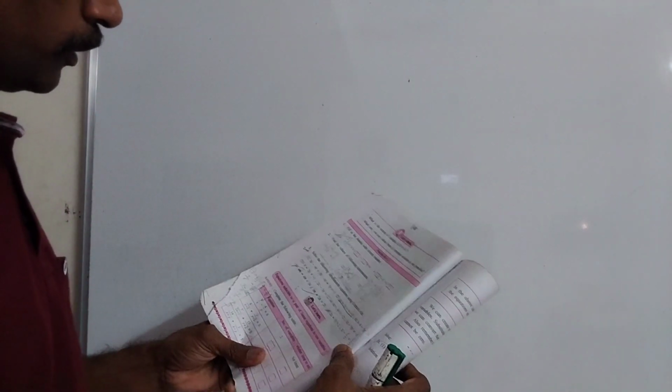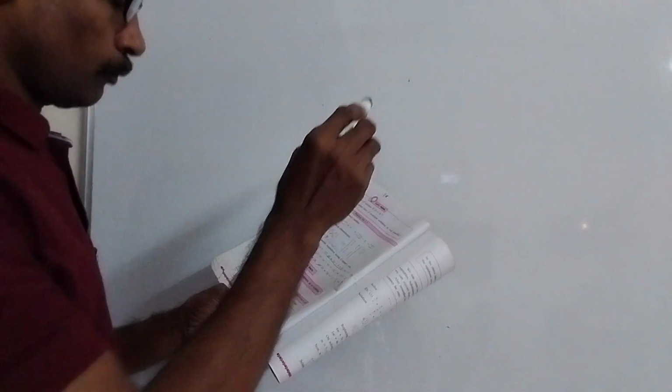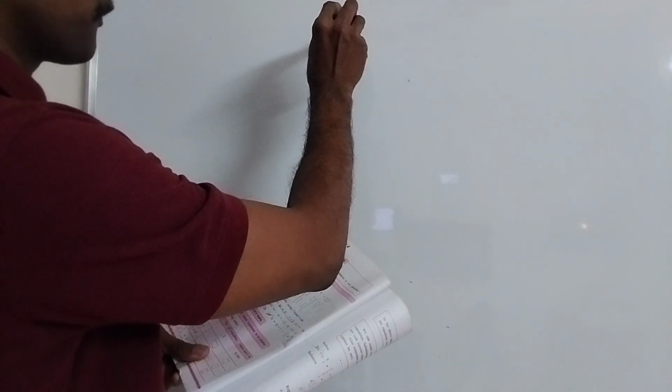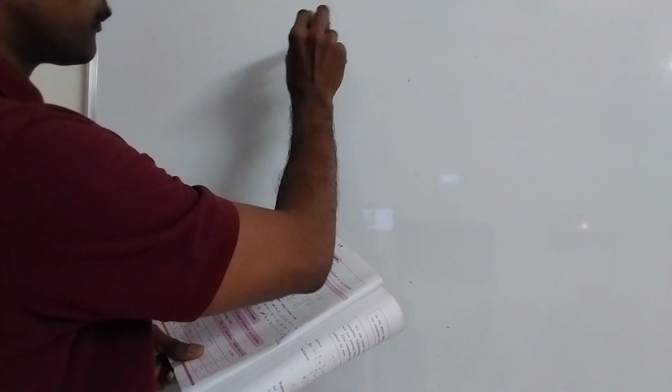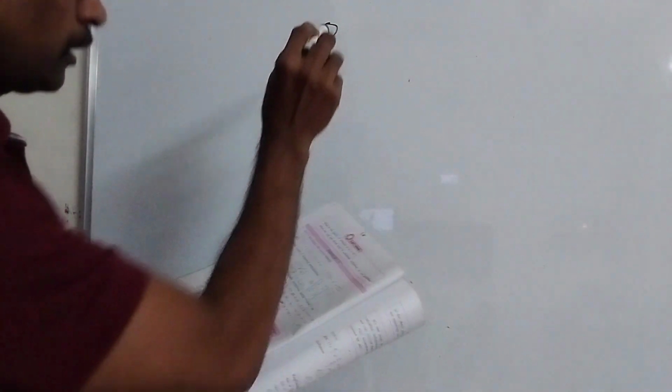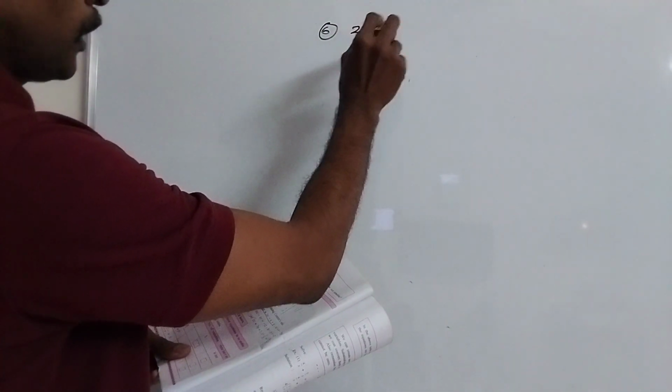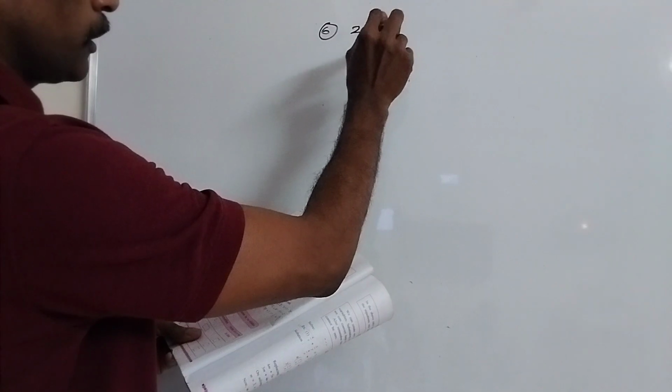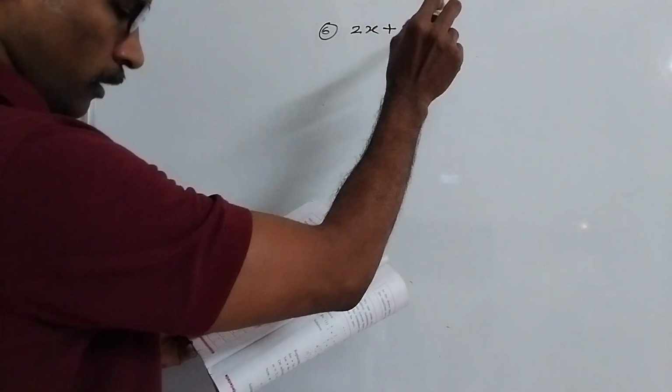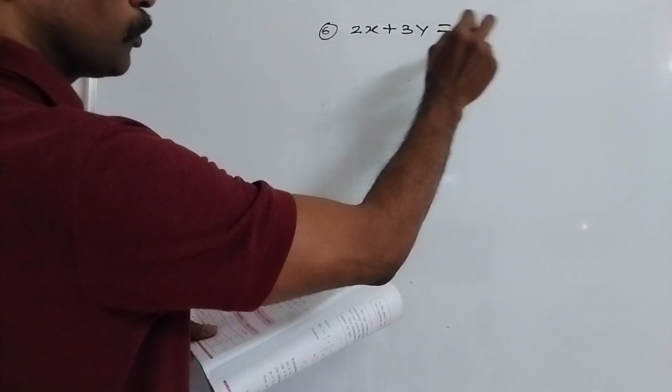Practice set 1.3. Solve the following simultaneous equations by using Cramer's rule. Now we take example number 6: 2x plus 3y is equal to 2.